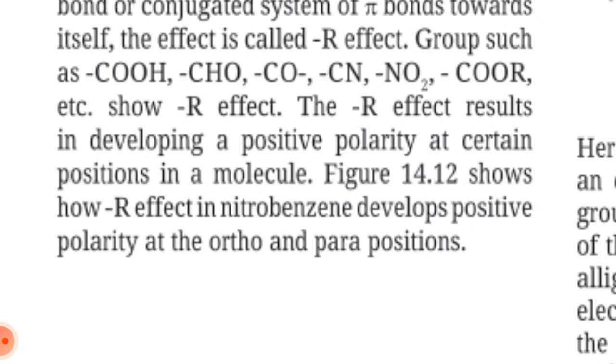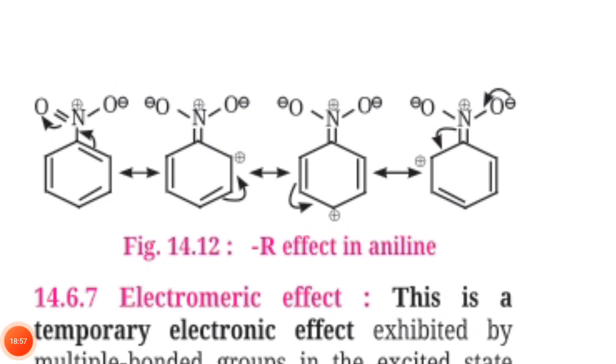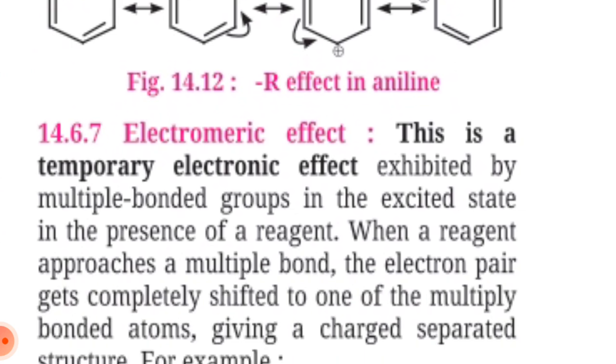The -R effect results in developing a positive polarity at certain positions in a molecule. Show how the -R effect in nitrobenzene develops positive polarity at ortho and para positions. N=O+ O-.